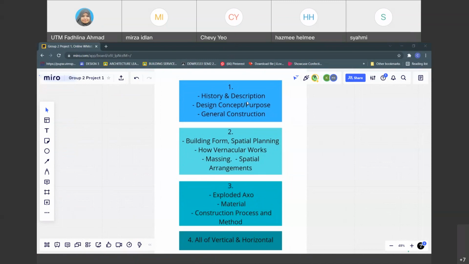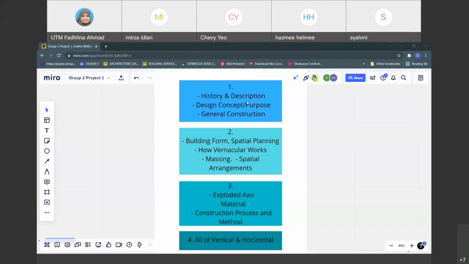Boleh. Actually, I did this one because I thought the history and description and design concept have little info, so to give everyone a similar amount to research, I put general construction for the first person. But later when composing the final, the general construction will be moved to the structure part, together with the other information.